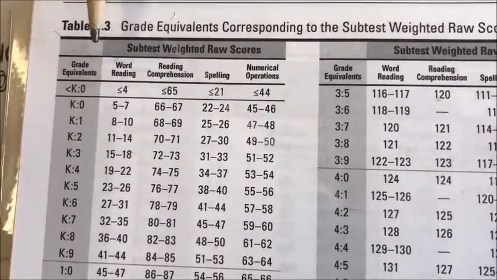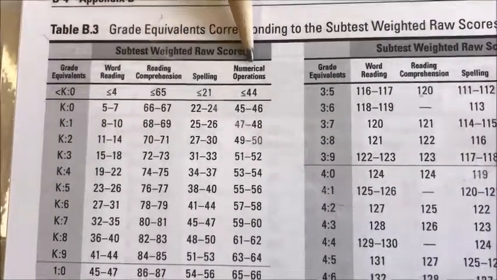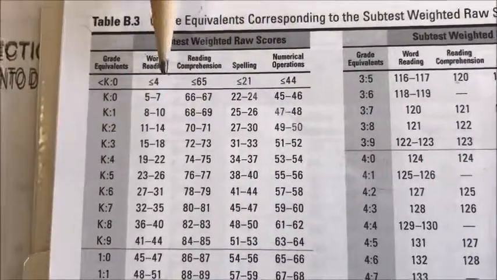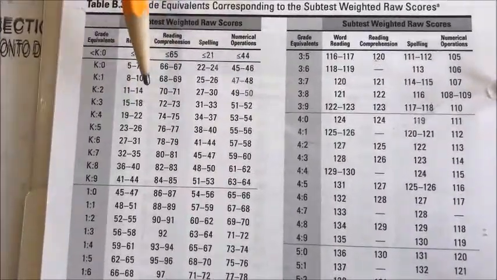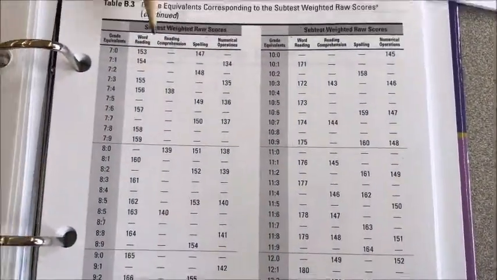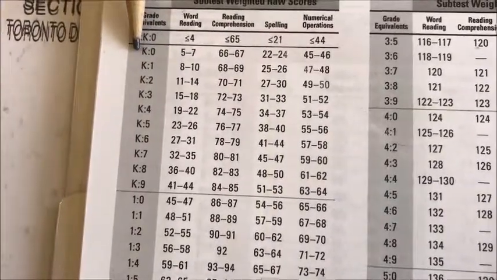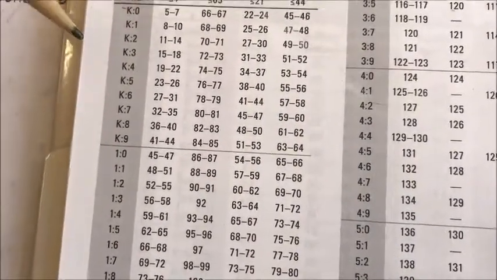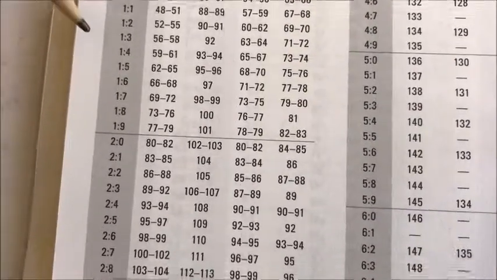So you've got word reading, reading comprehension, spelling, and numerical operations. All the numbers that we took off the sheet are in that white area, on this page and the page over. And down the gray column, that's where you will find the grade equivalent that corresponds with that number.